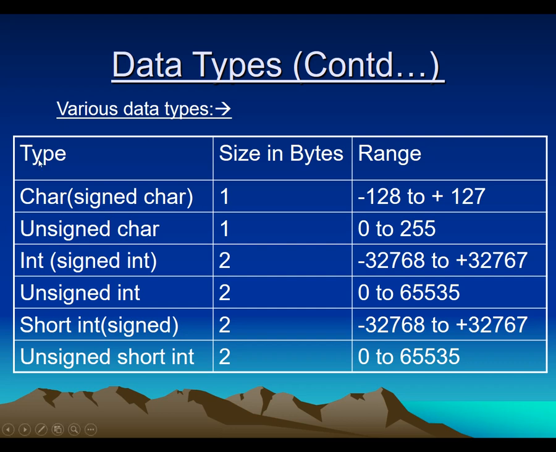The relevant byte size, which you can see in the second column, will be occupied if we are using these types of data types. Now, why are we discussing this topic? Because in future it might be possible that you have to go for extended data types also. So for demonstration purposes, I am just briefly describing these extended data types in front of you. But this is not important right now in semester number 1.